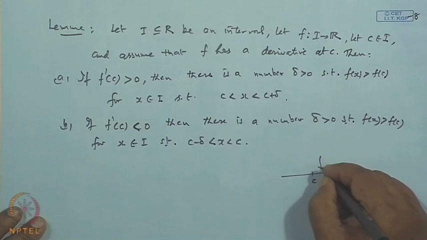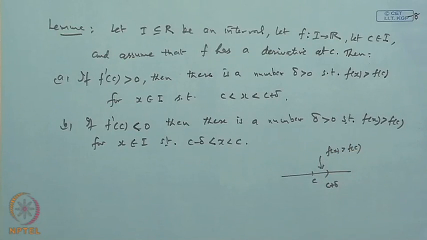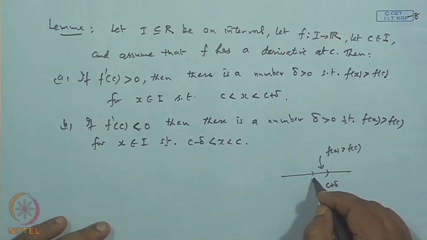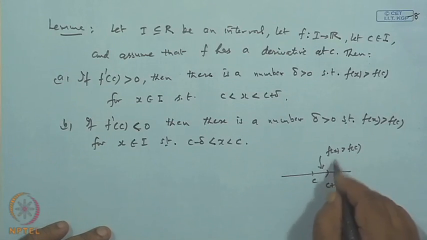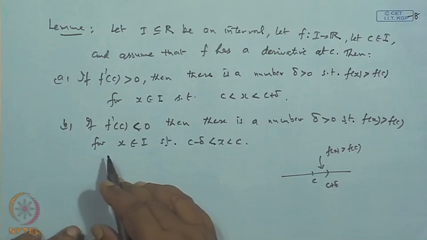So, in this interval the function f of x will always exceed the value at the point c. It means that f of c will behave as the lowest point in this interval if the derivative is positive.